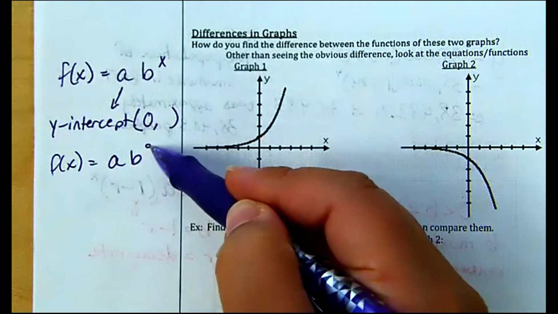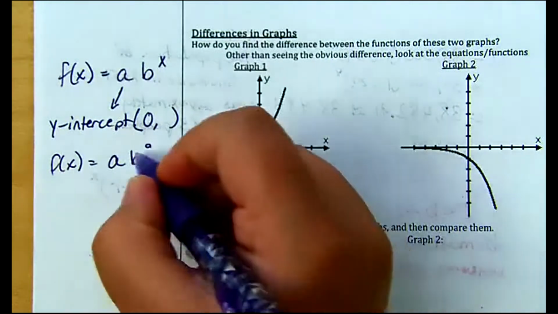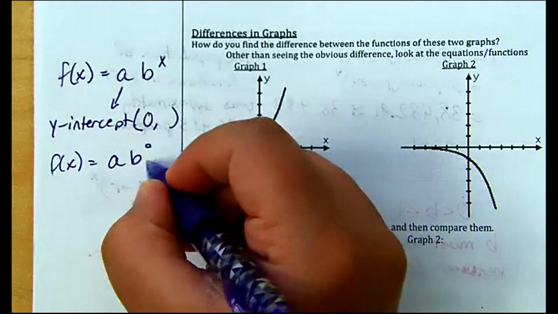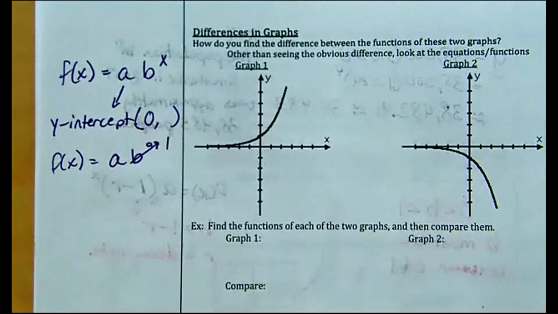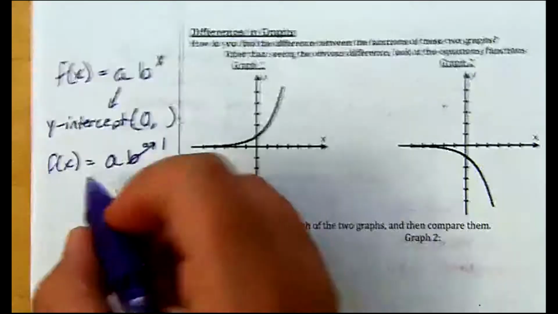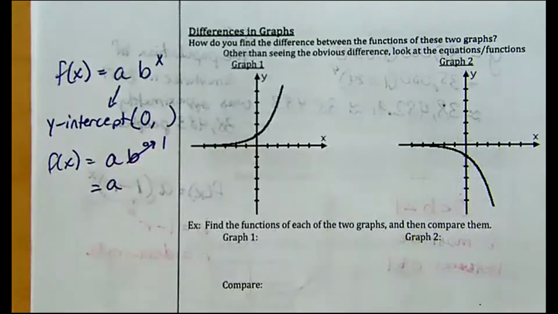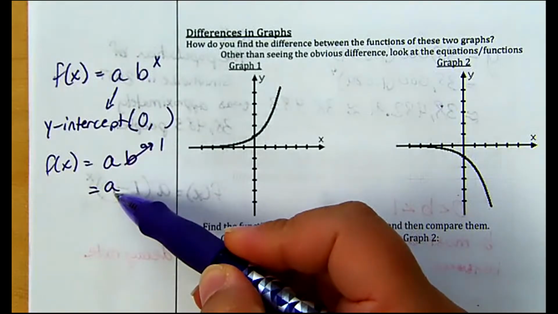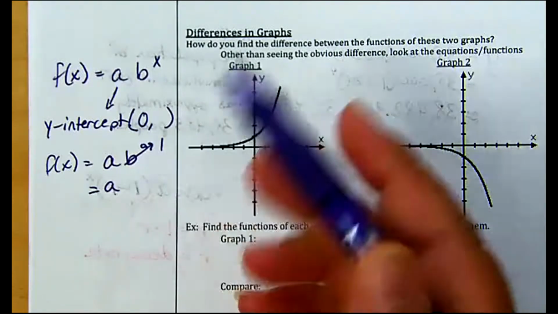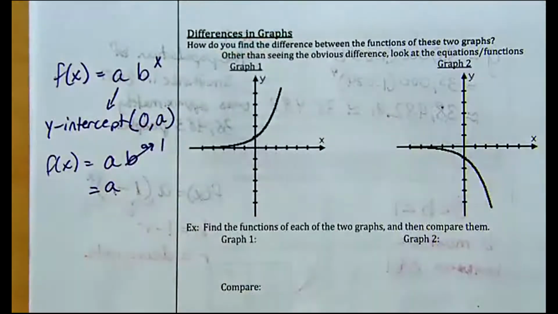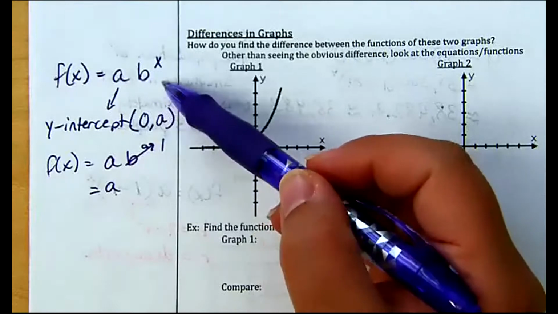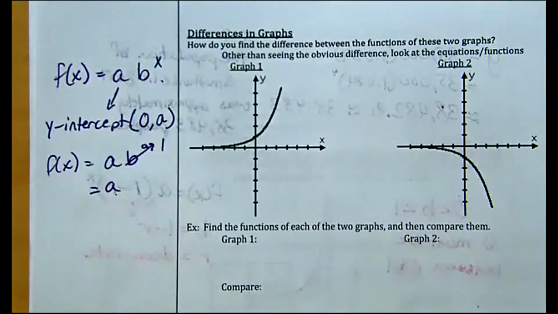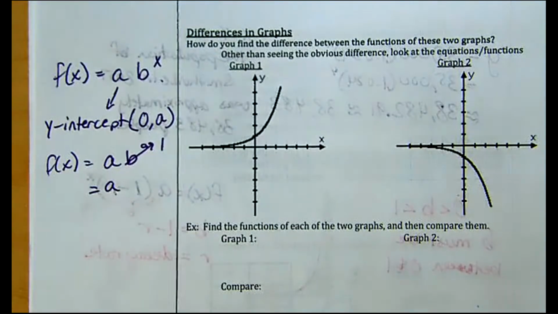When we plug in 0 for x, no matter what b is, this is going to become a 1. Anything to the 0 power becomes 1. So this just becomes a, right? So when x is 0, we get our y as a. So our y-intercept is actually the point 0 comma a, in a non-transformed variation of this.